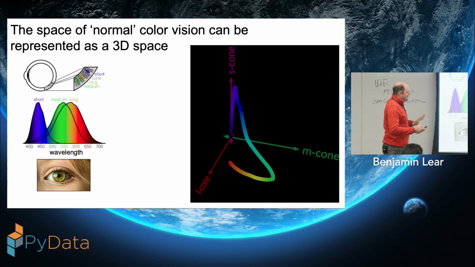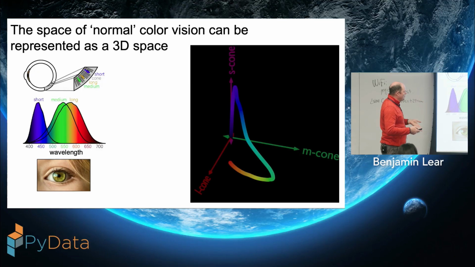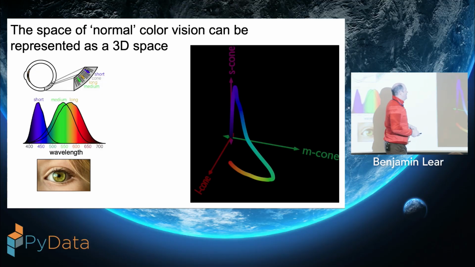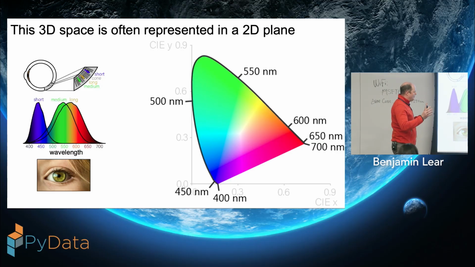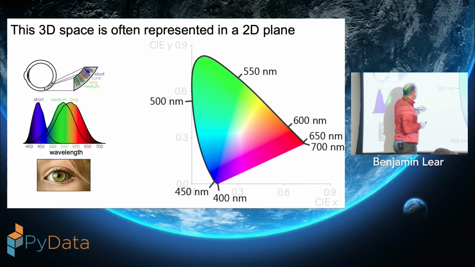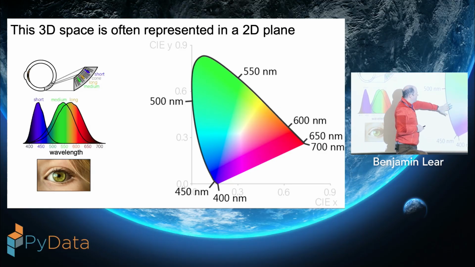It's very hard to look at three-dimensional things, so usually what happens is that you see a 2D projection, maybe looking down the short cone, and also a transformation that we don't have to worry about right now. It's just a linear algebra transformation of this color space, and you'll see this. So this is like a standard representation of color.